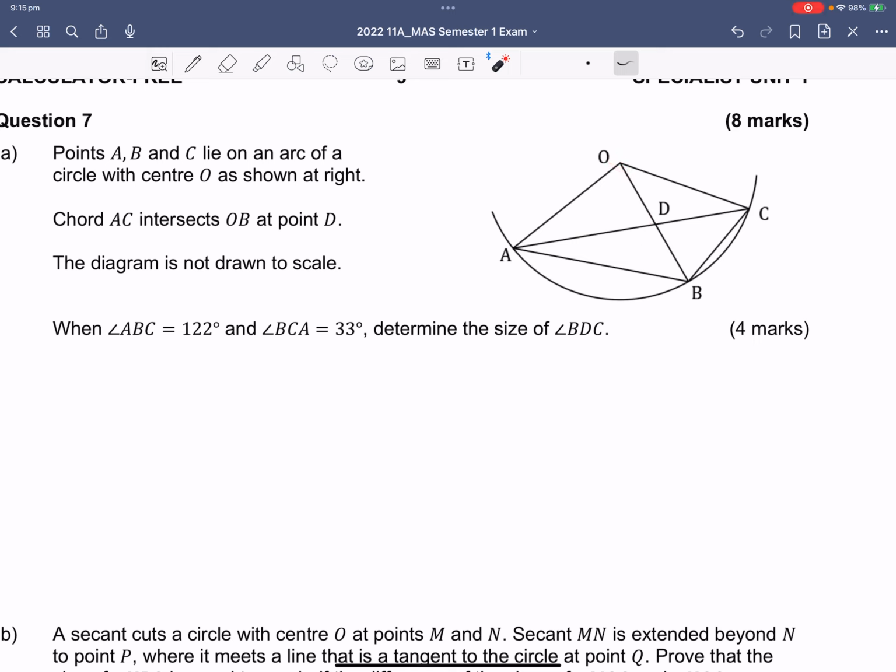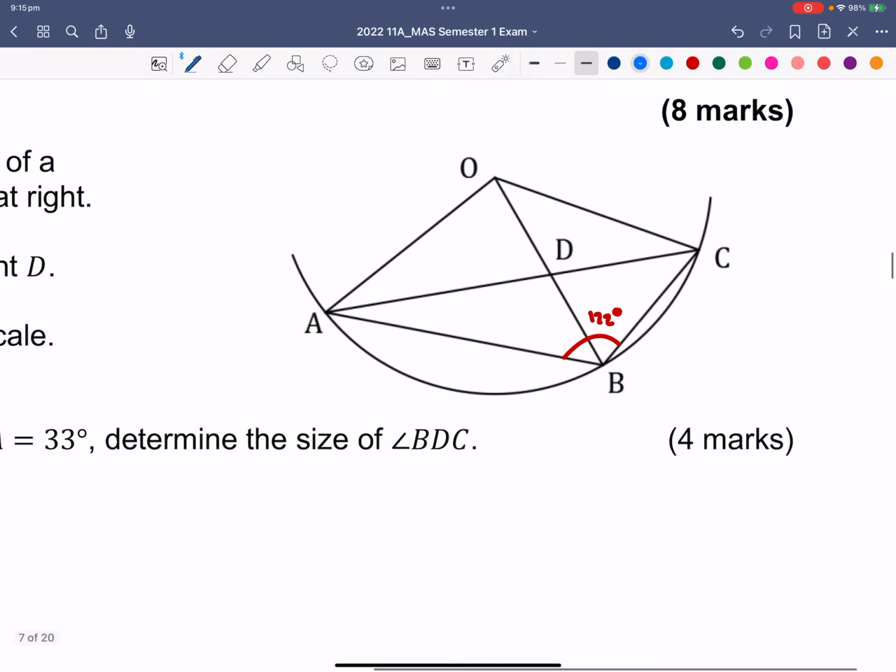When angle ABC is 122 degrees, let's put that on there. Angle ABC is 122 degrees, and angle BCA is 33 degrees.